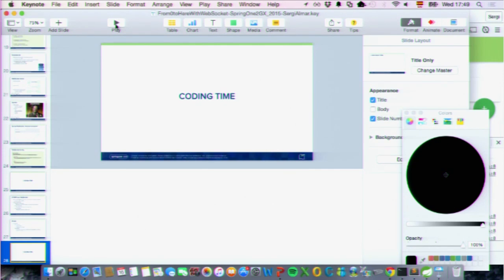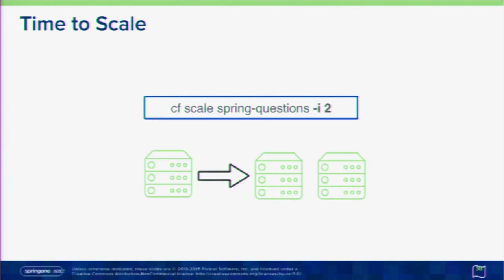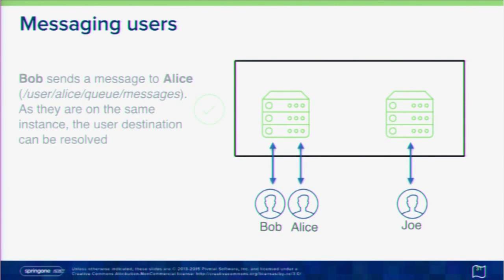All right, so for scaling, what happens if I have more than one node? Let's say I have 2 nodes. What happens here? If we have a scenario where Bob and Alice are connected to the first node, and Joe is connected to the second node, and Bob wants to send a message to Alice, which is what we have done in the example, it sends a message to users/Alice queue messages.